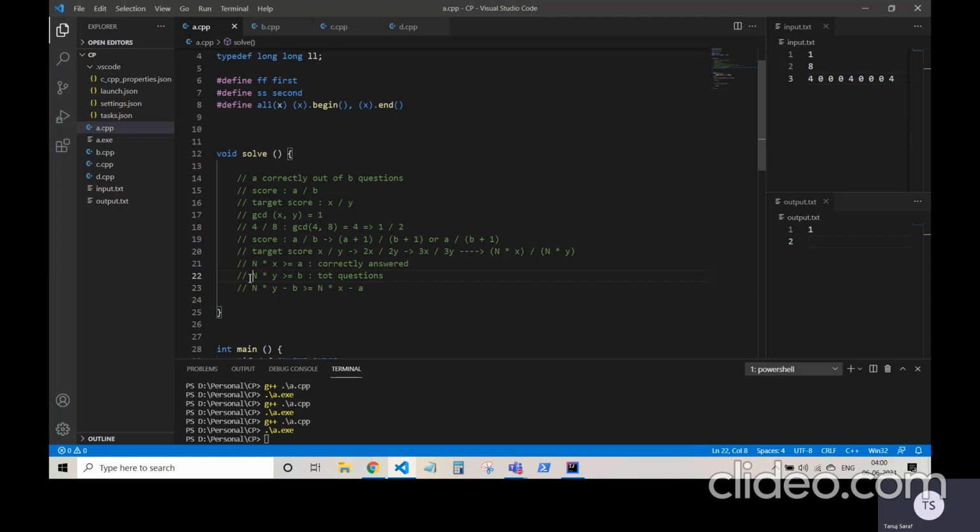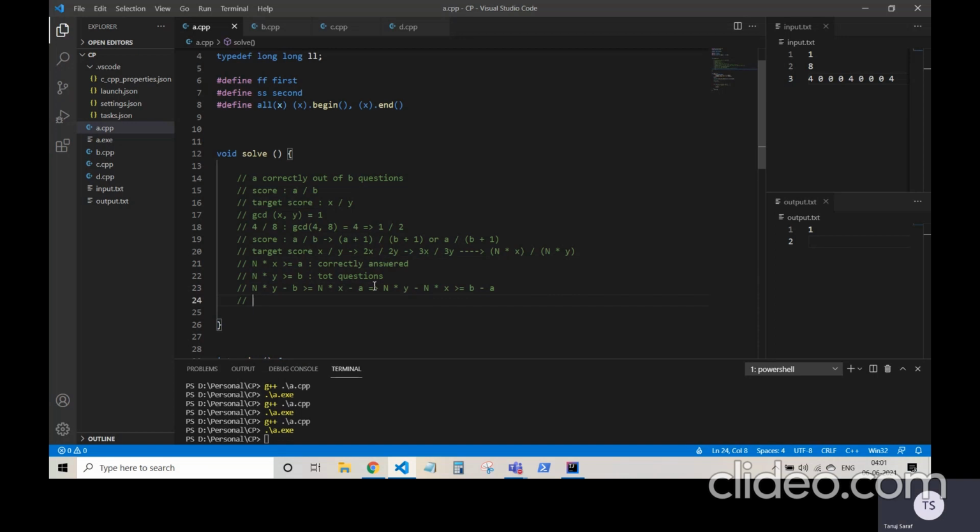And this is something that we could have directly derived from here by subtracting these two inequalities, right? Because when you bring the n into x to the LHS and simplify it, it turns out to be n into y minus n into x is greater than or equal to b minus a.